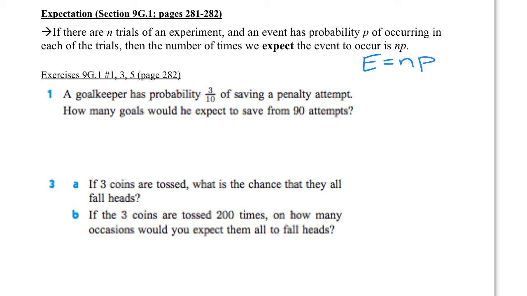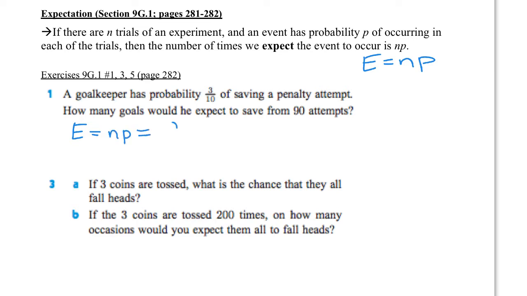All right, first simple problem to demonstrate this: we have a goalkeeper with a 3/10 probability of saving a penalty attempt. How many would you expect to save from 90 attempts? You really didn't need to be in Math Studies Chapter 9 to figure this out.